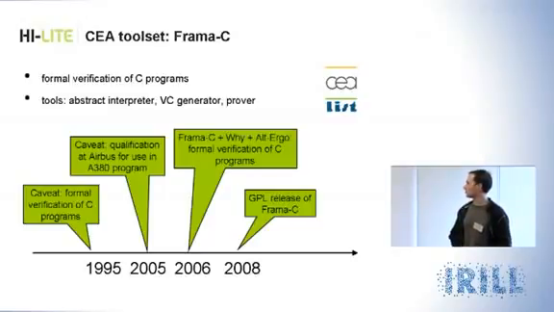So not open source at the time, not free software. And Airbus qualified this tool for its use on the A380 in 2005. In 2006, they started together, as well as INRIA, the Frama-C tool set, which embeds the Why and Alt-Ergo, which is a successor of both the Caveat tool and Caduceus from INRIA.